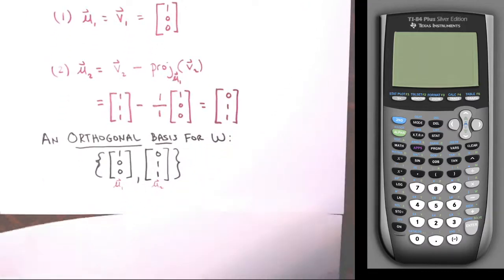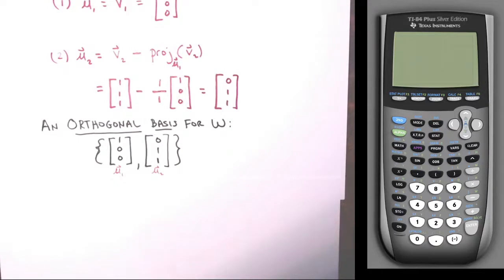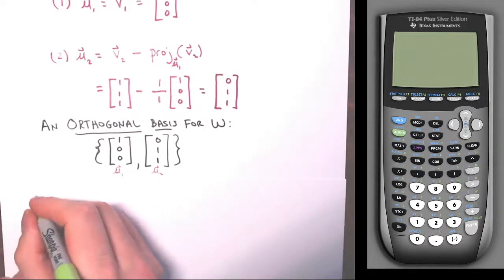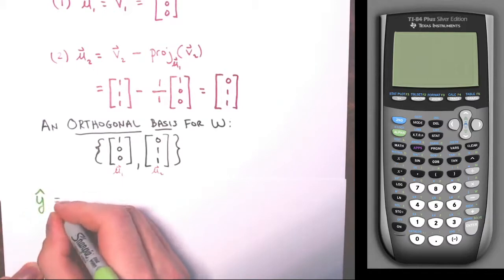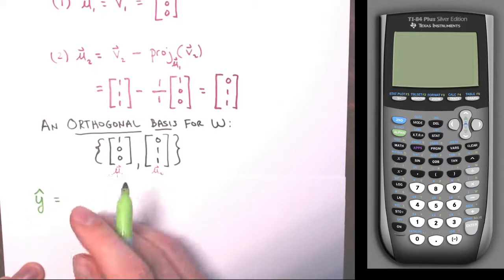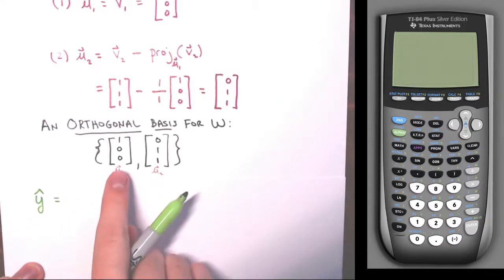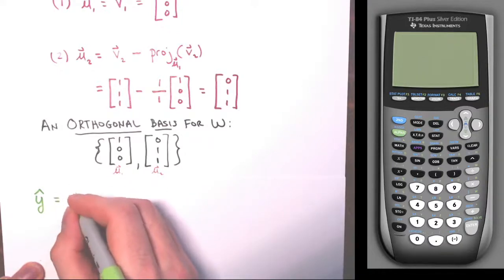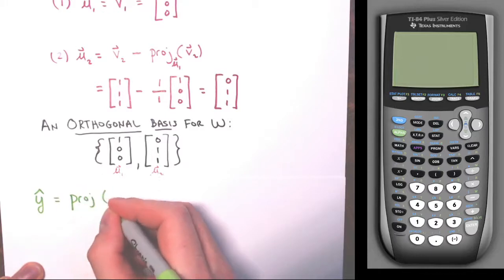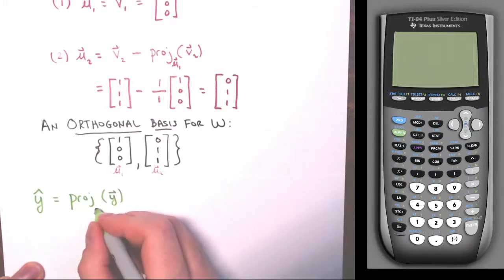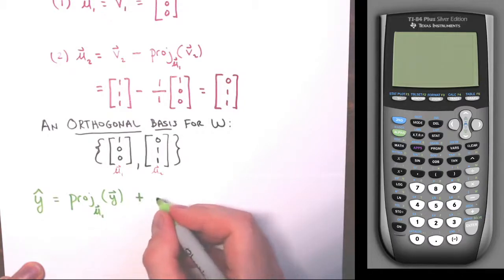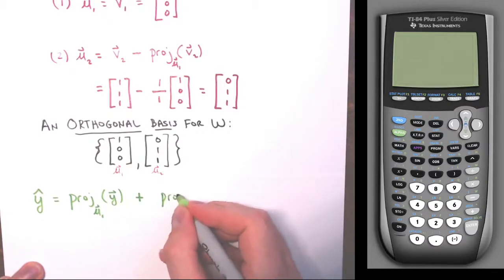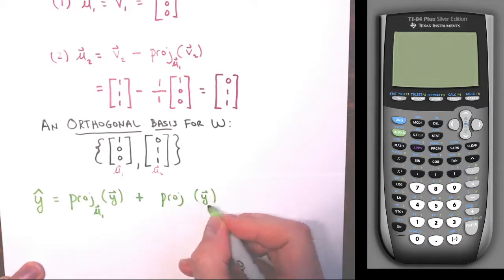All right, so y hat, I'll write out the formula again. Our y hat is the sum of the projection of y onto these orthogonal basis vectors. So it's the projection of y onto U1 plus the projection of y onto U2.